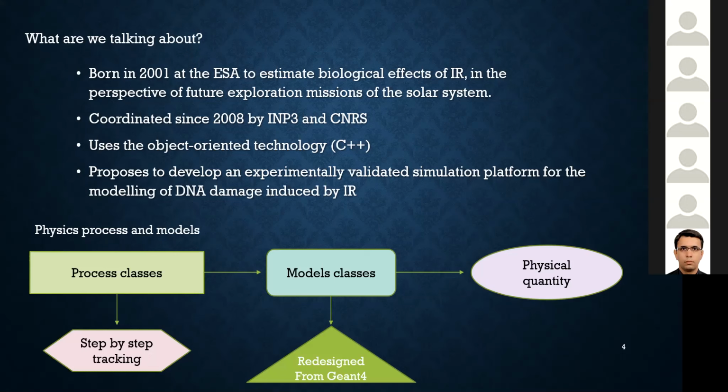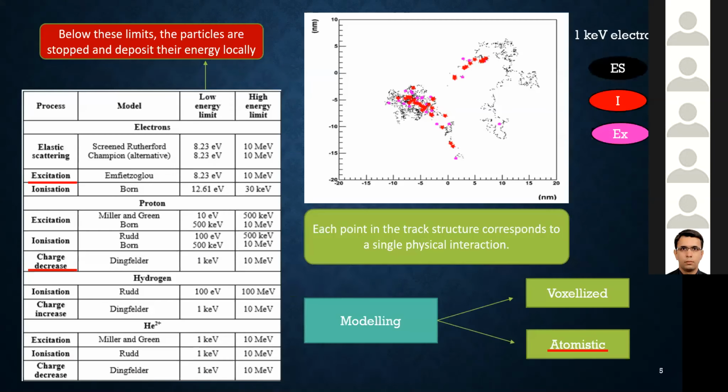All these process classes perform step-by-step tracking. Also, these models are redesigned from Geant4 because, as we said before, we are talking about a different scale: the nanoscale and a low energy limit. So we need to redefine these model classes.